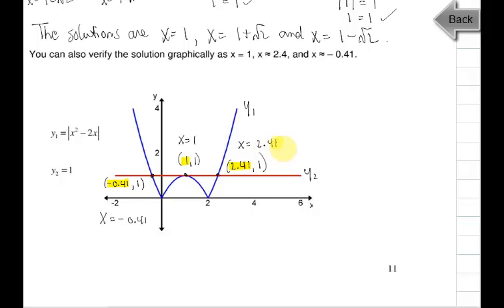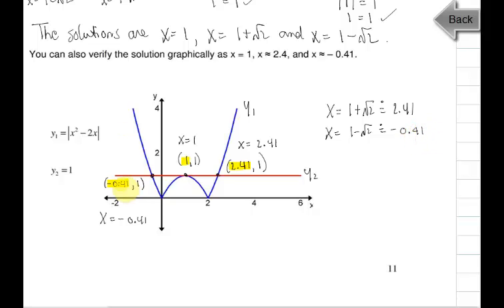Okay, and if we take a look at the solutions that we have in radical form, 1 plus the square root of 2, that's going to give us 2.41. And 1 minus the square root of 2, these are approximate values, right? That's going to give us about negative 0.41.